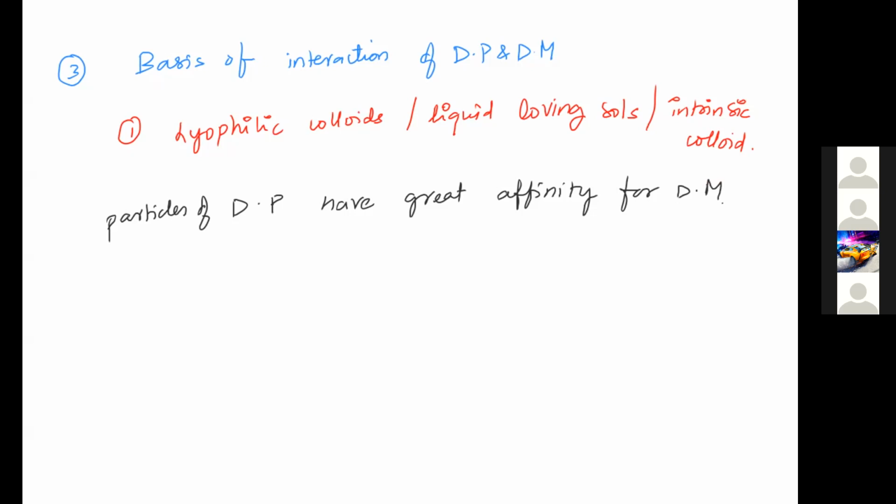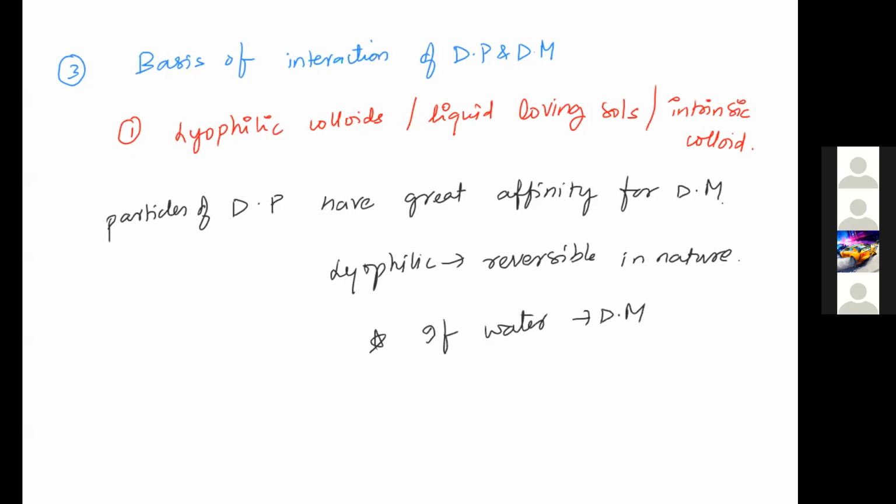These solutions are very easily formed, and also remember lyophilic colloids are reversible in nature. When water is acting as the dispersion medium, the lyophilic colloid is called a hydrophilic colloid.